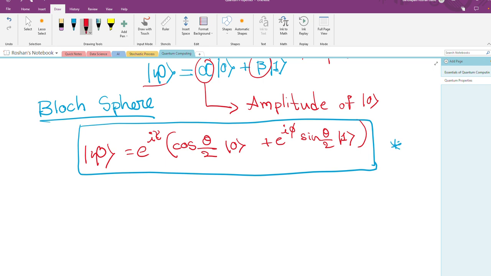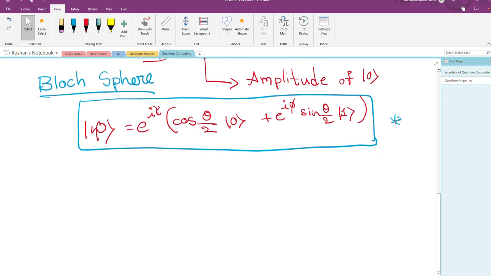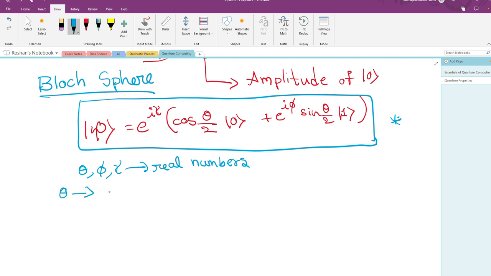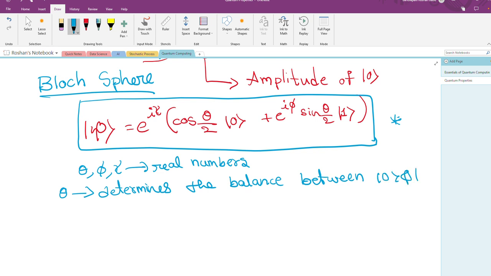Okay, here theta, phi, gamma are real numbers. Theta determines the balance between ground state and excited state.